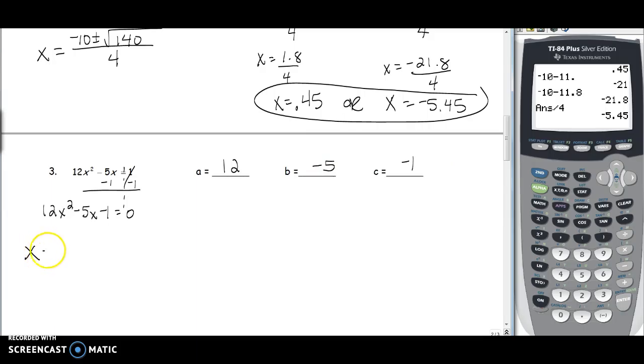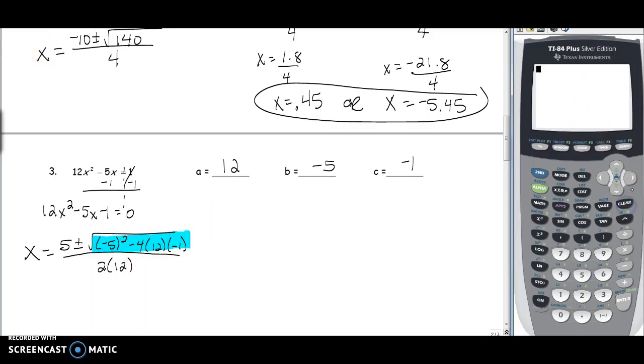So our quadratic formula is x equals the opposite of b plus or minus the square root of b squared minus 4ac all over 2a. Again, we're going to take what's inside the parentheses and put it into our calculator.